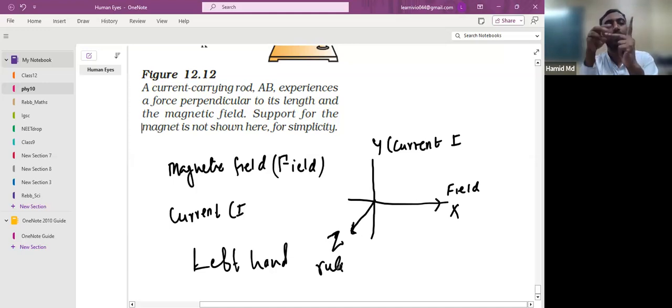What was the direction of the field? That was the horseshoe magnet, north and south pole. So suppose the field is in this direction and the current is in this direction. Then the force on that metal plate will be in the direction of the thumb.